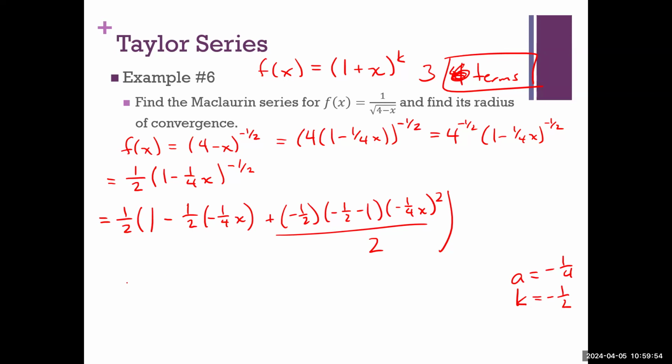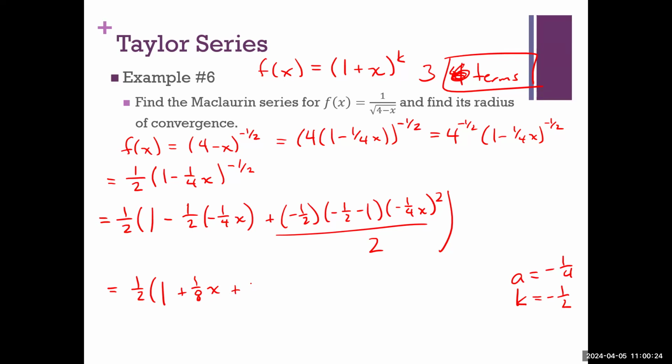So we've got like a minute left, so let's go ahead and simplify. What's the second term going to come out to be? 1/8 x. And the next one? Positive or negative, first of all? I think positive.